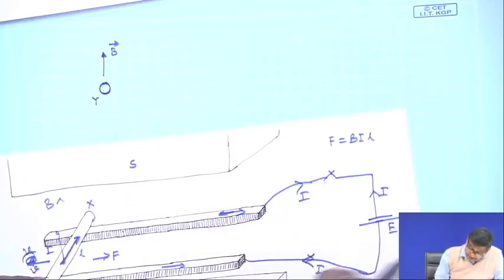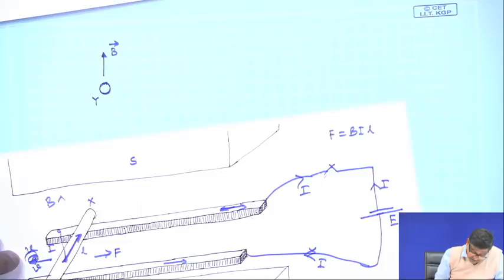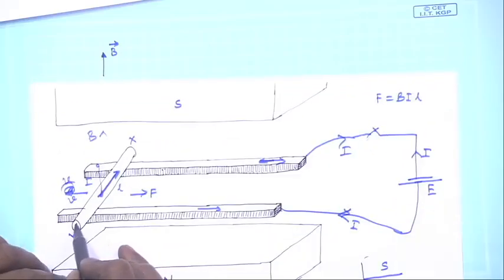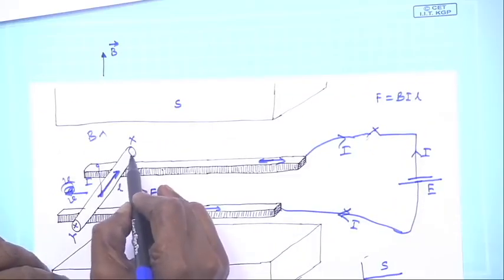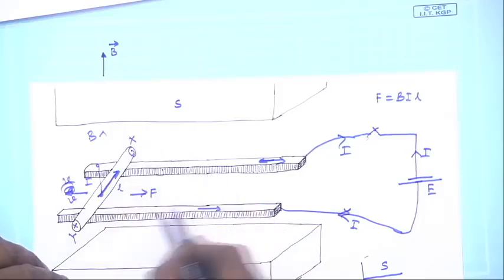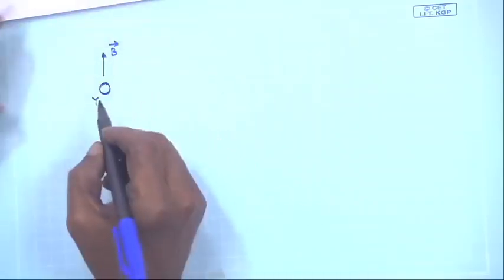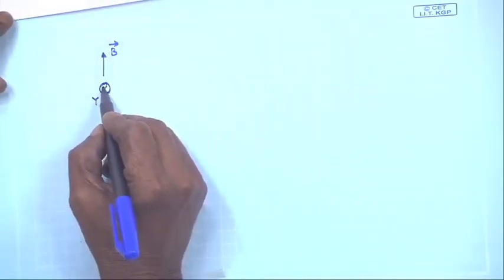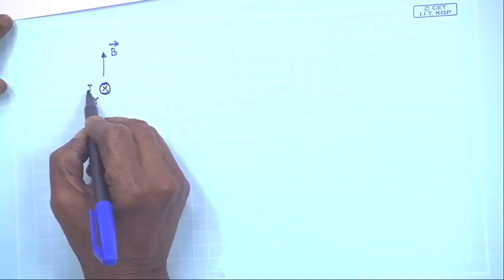So, I will connect a battery such that through y current will enter and through this section current will leave. So, this is a cross, it is carrying a current i. Motoring operation.